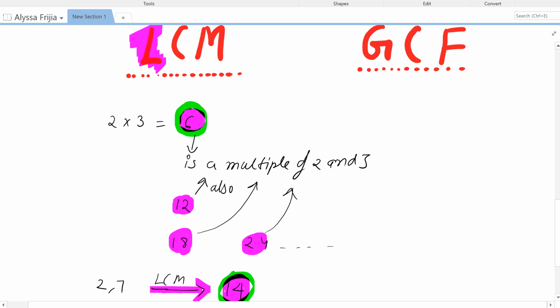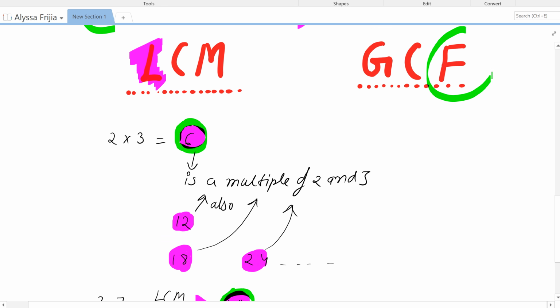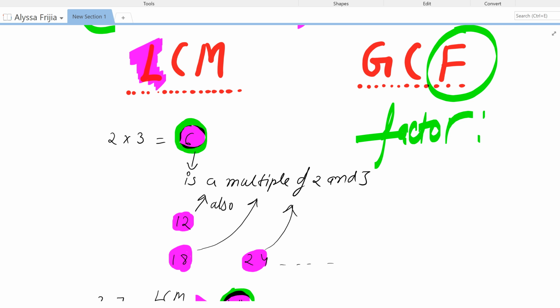Now, the factor. You already know the factor. What is the meaning of factor, by the way? A factor is a number that multiplies into the number.